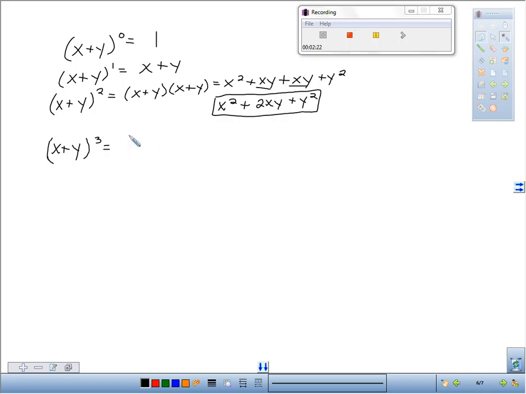Okay, so I'm going to take basically this, because this is x plus y squared. Let's write it out first: times x plus y. So I take this, which is x plus y squared, and then multiply it by another x plus y.